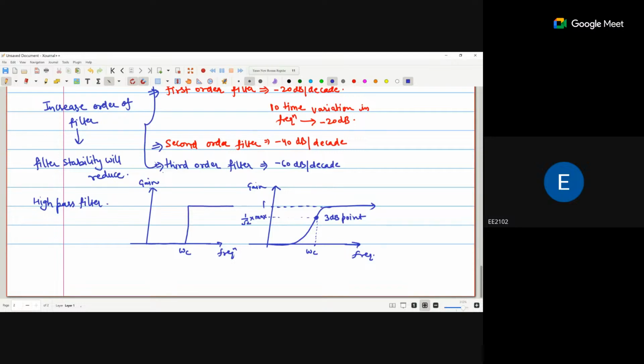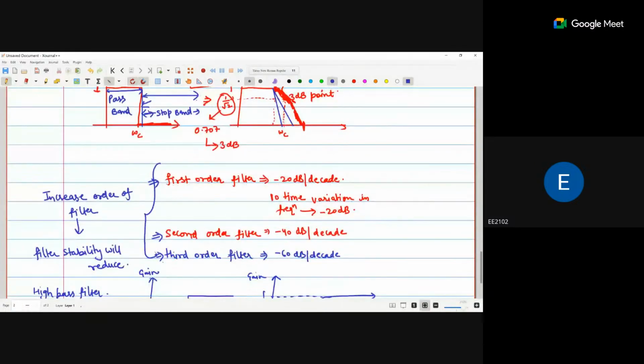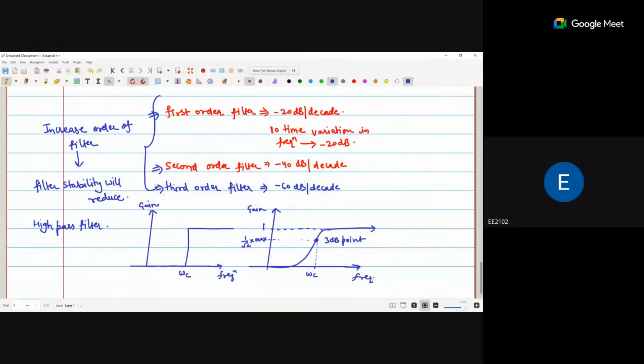Okay, this one is called the stop band, and that is the pass band.